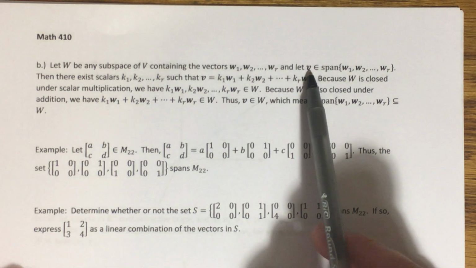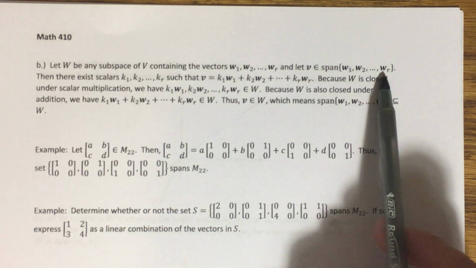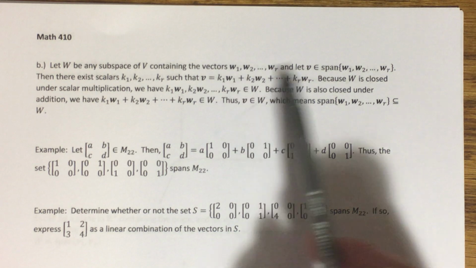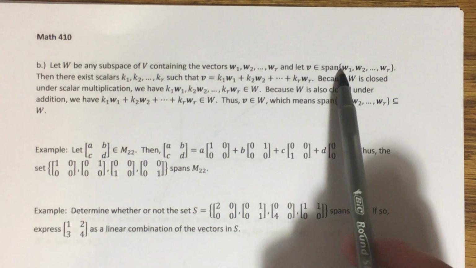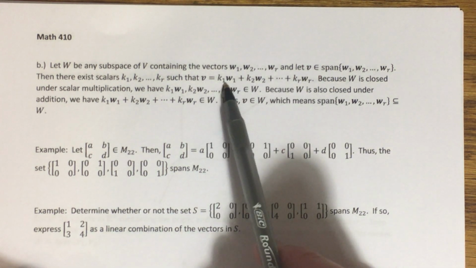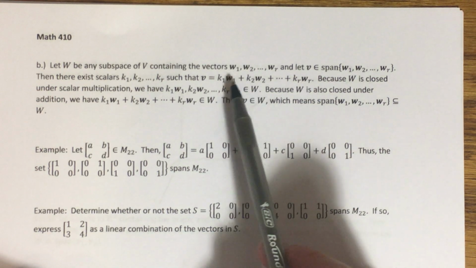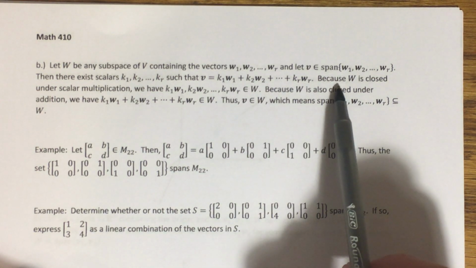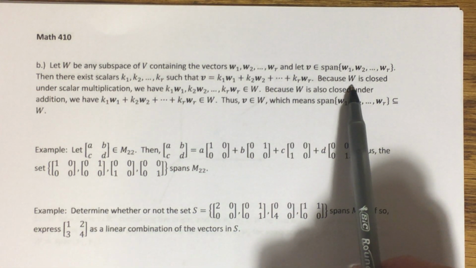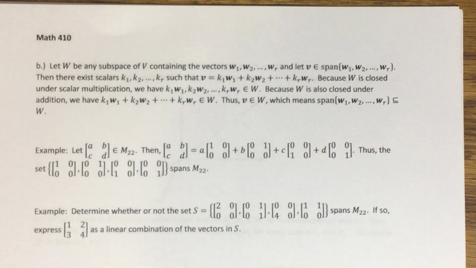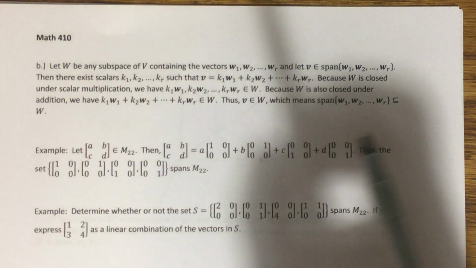So let's pick an arbitrary vector v in the span of those r vectors, and by choosing that v from this span, that means that v can be written as a linear combination of those r vectors, k1w1, and so on. Now, W not only contains those vectors, but we're also assuming that it's a subspace. So it has all of the axioms that you would expect from a vector space, namely closure under both operations.